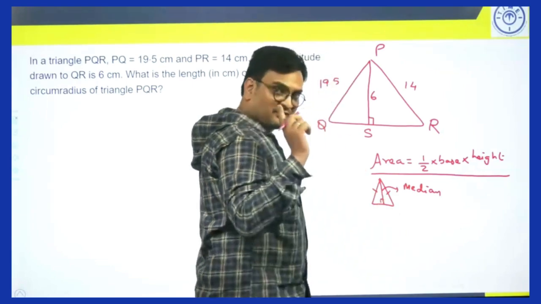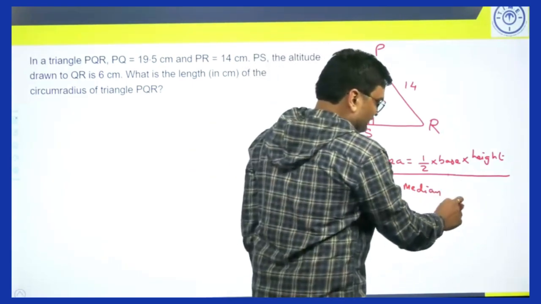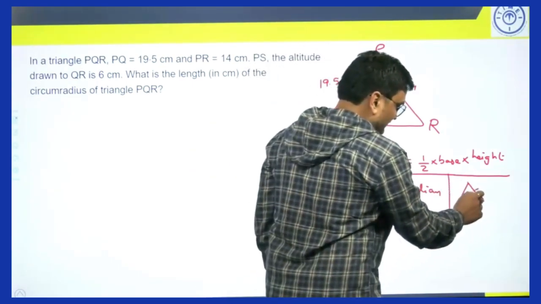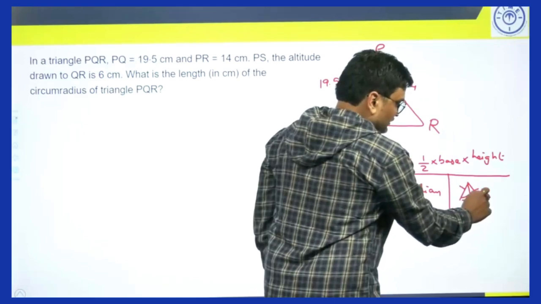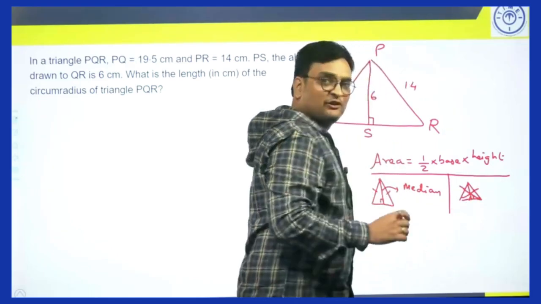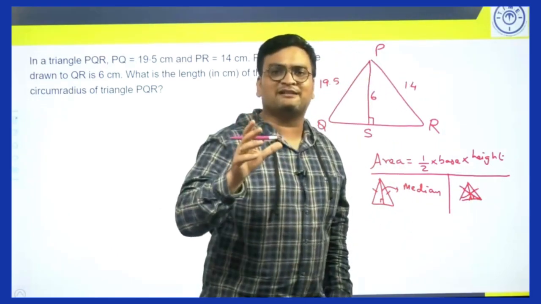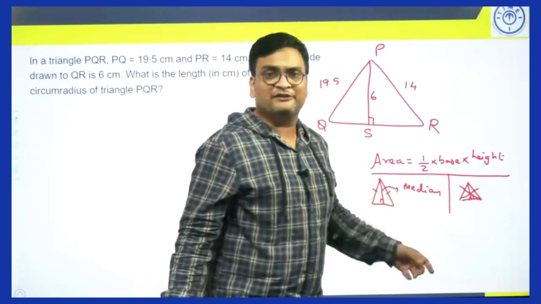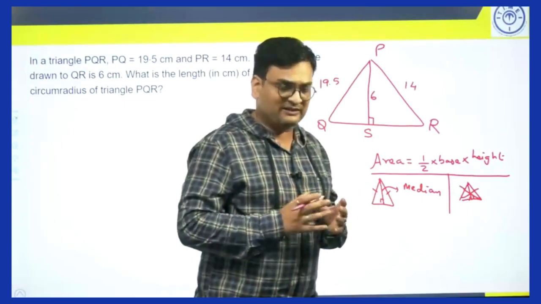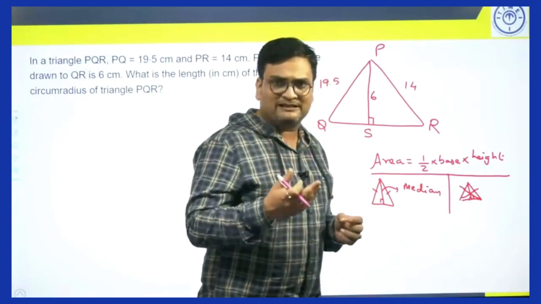Similarly in case of an equilateral triangle, where all sides are equal, no matter where you drop the altitude, from here or from here or from here, each altitude will also be the median. So that's in case of an equilateral triangle, and this is in case of an isosceles triangle. These are some properties associated.